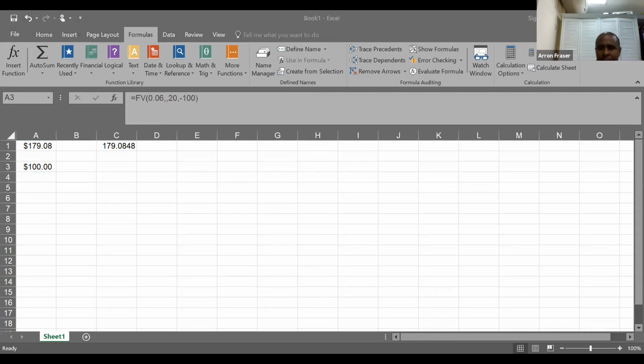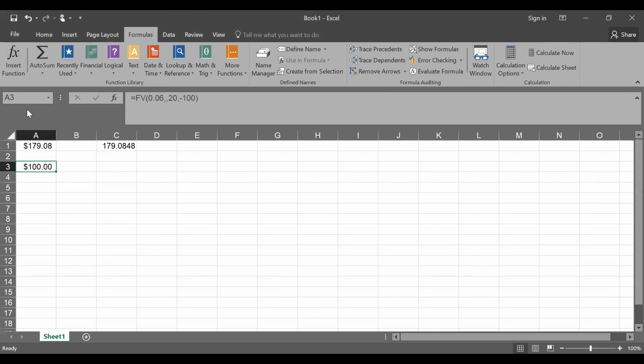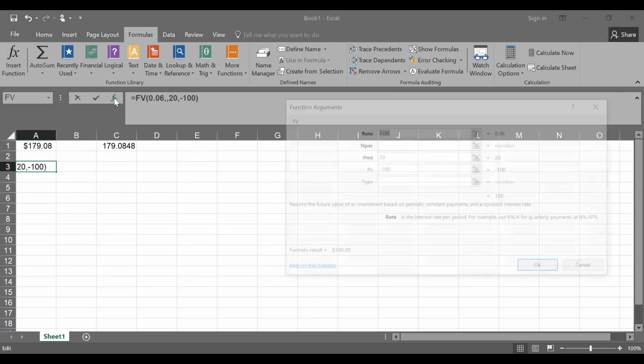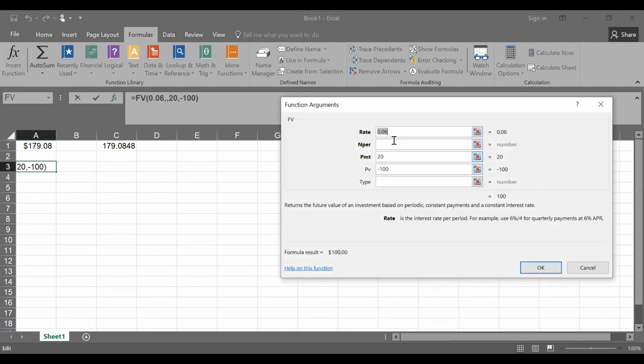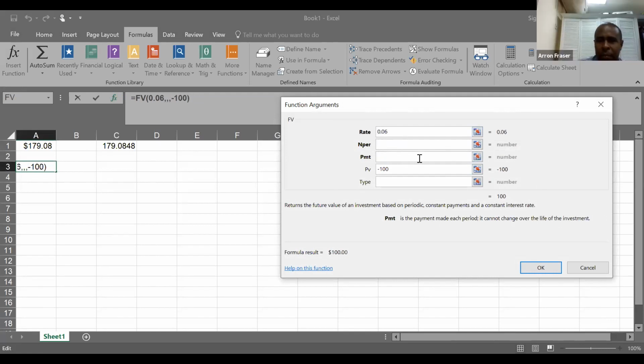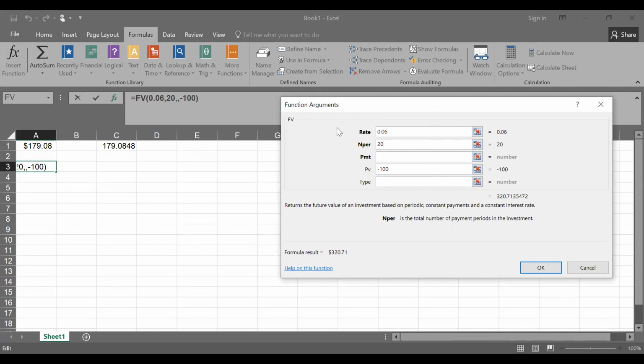So that will give you, something seems wrong. Something is wrong with that one. Sir, I think you inserted one of the figures in the wrong column. Look where you have 20. Yeah, it should be the number of periods, sorry. Right. So NPER is the total number of payment periods in the investment. So that's 20 years, right?